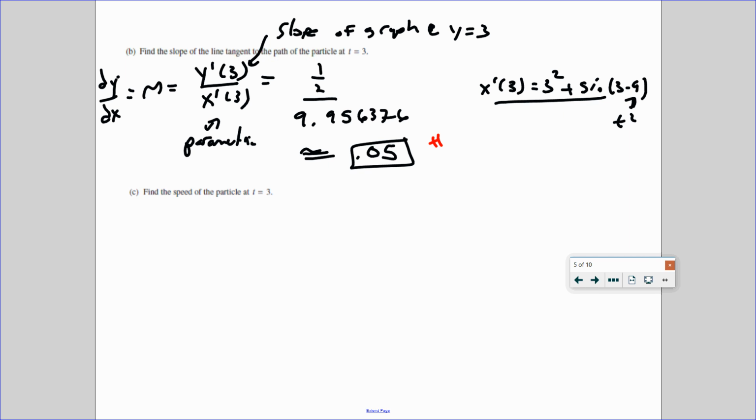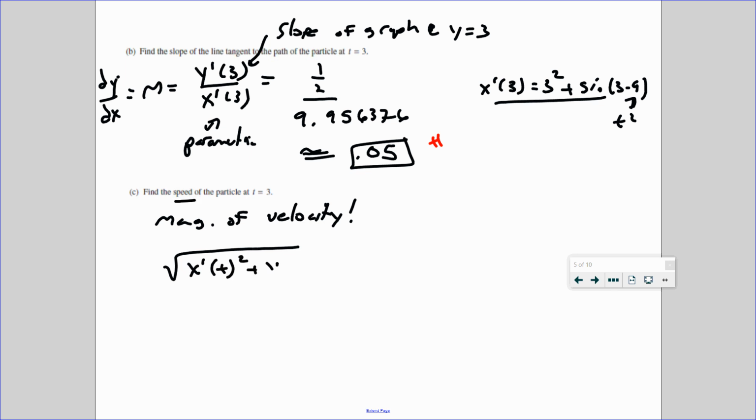All right, now part C, this is our speed. Remember, speed is the magnitude of velocity. So to get part C, we're just going to take the square root of x prime of t squared plus y prime of t squared.